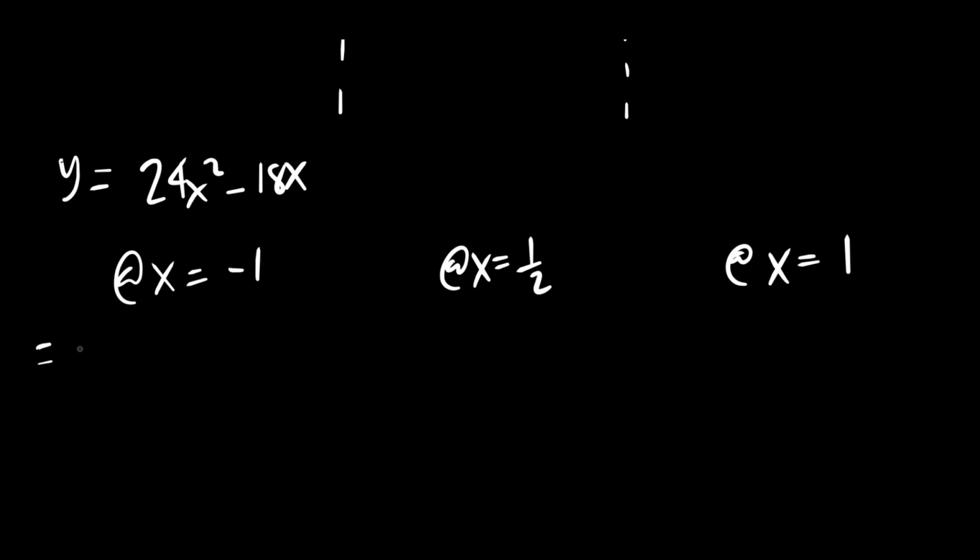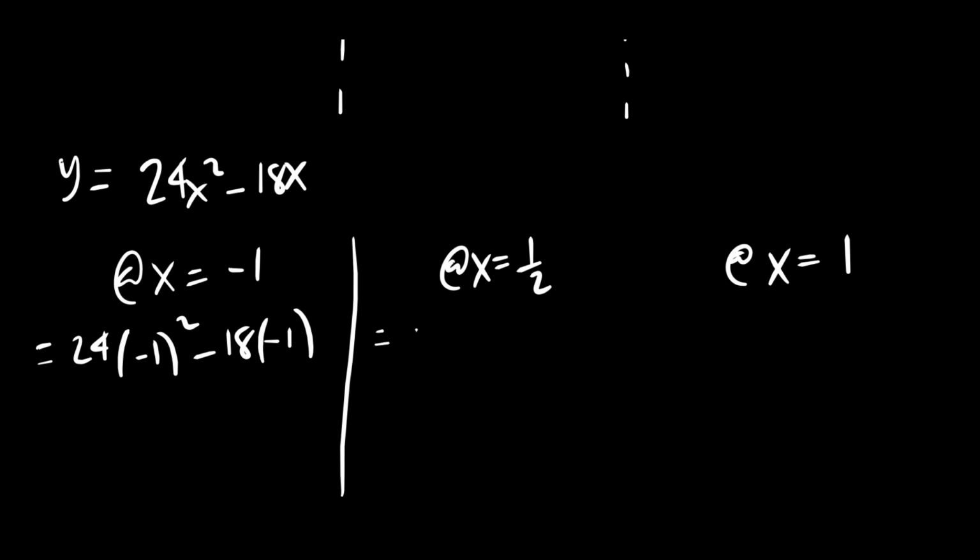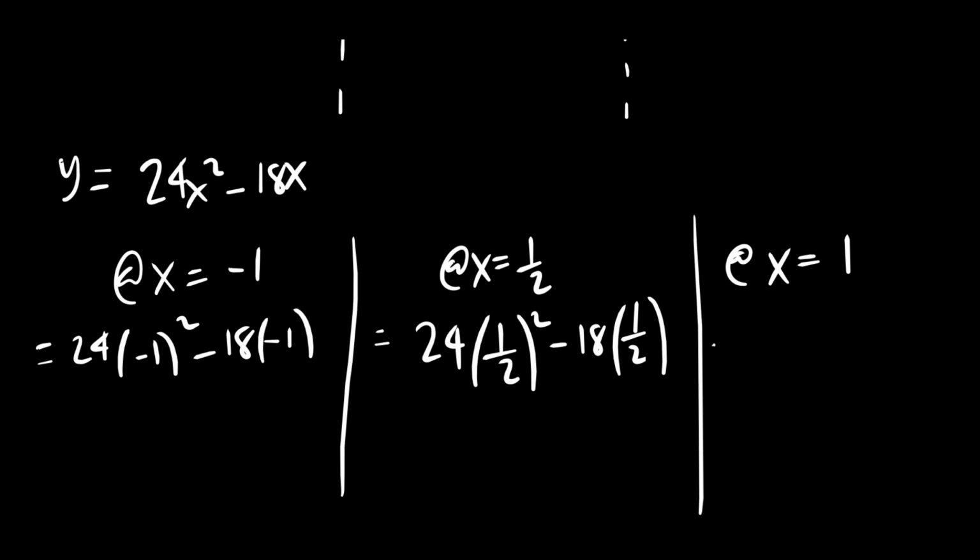So we have 24 multiplied by -1 squared minus 18 multiplied by -1. And then 24 multiplied by 1/2 squared minus 18 multiplied by 1/2. And then 24 multiplied by 1 squared minus 18 multiplied by 1.